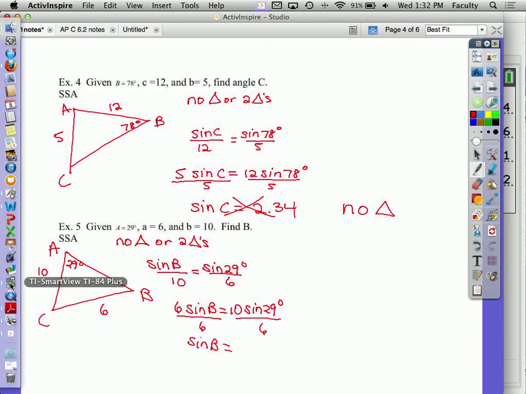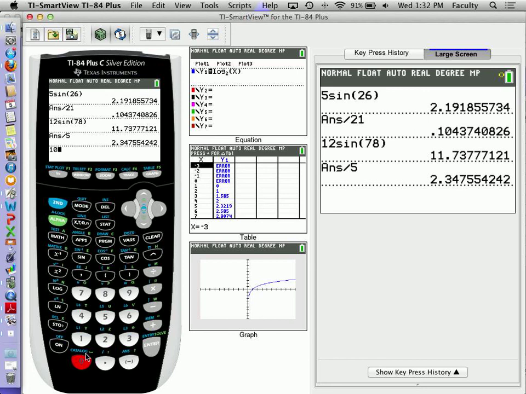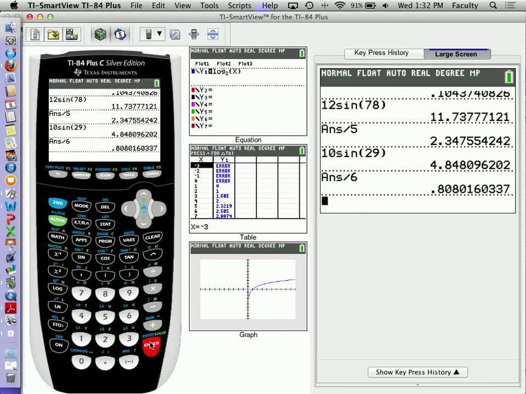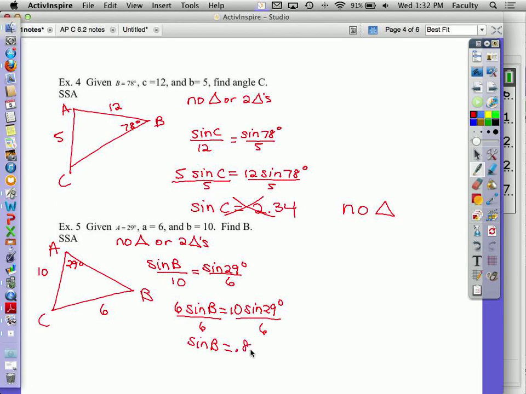So I'm going to take 10 sine 29, press enter, and divide by 6. So I got 0.808. To figure out B, I'm doing inverse sine of 0.808.